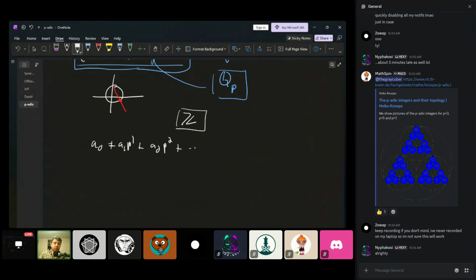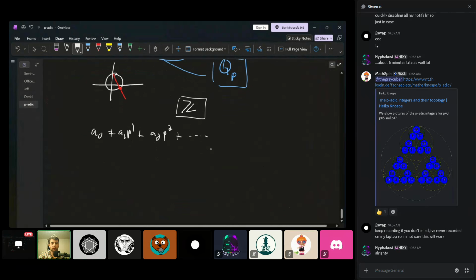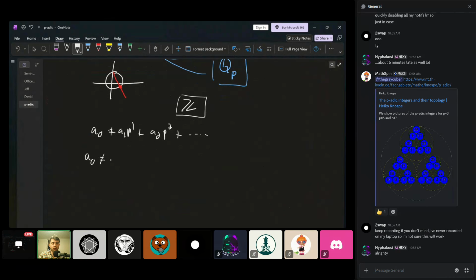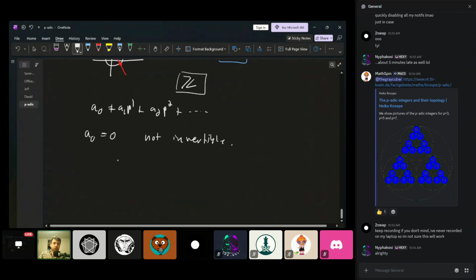I believe that whenever the leading coefficient a is equal to 0, then the element is not invertible. Okay, that makes sense. So in particular, to give you an explicit example, 3 has no inverse in the 3-adics.